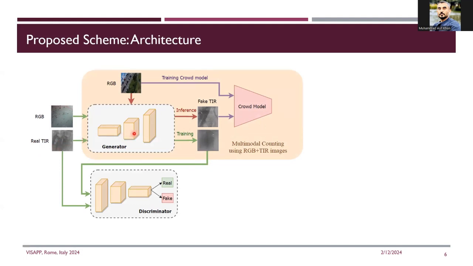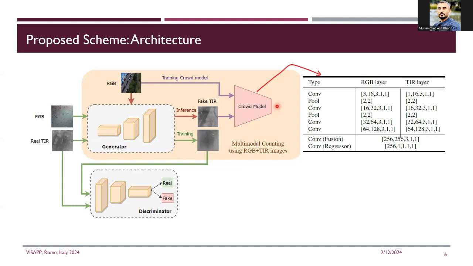The generator, once trained, produces thermal images for any RGB image that is fed to it. Then the crowd model, which is a multimodal crowd architecture, uses two inputs, the original RGB image and the thermal image generated by the generator of the Pix2Pix GAN, to estimate the crowd density inside the RGB image.